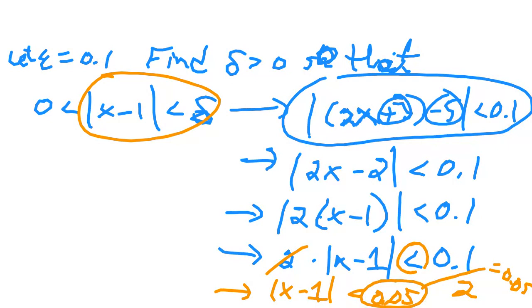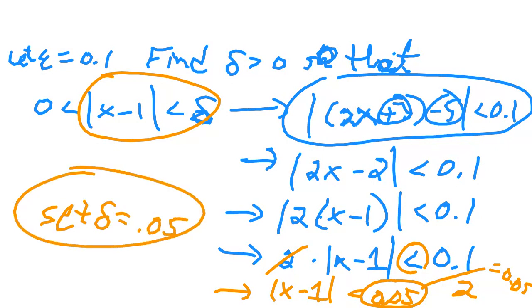I want to set delta equal to 0.05. So that's what I want to do. And then I'm going to show, basically we can work back up the steps to show that this is the case. So let me do that then and show you how that works.